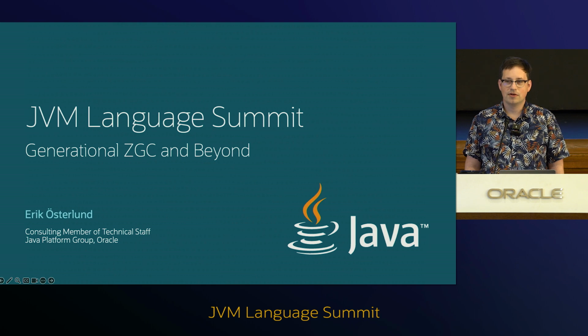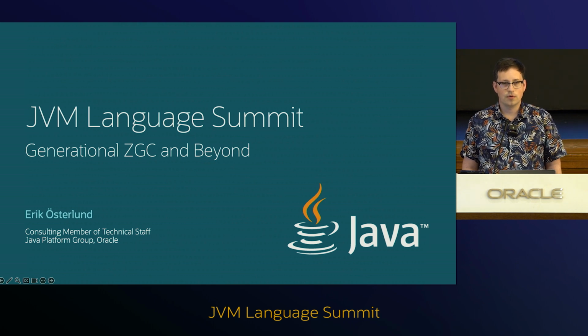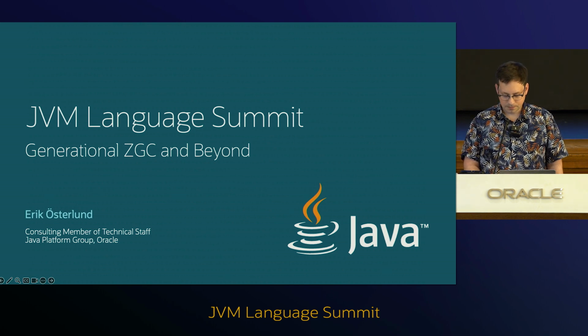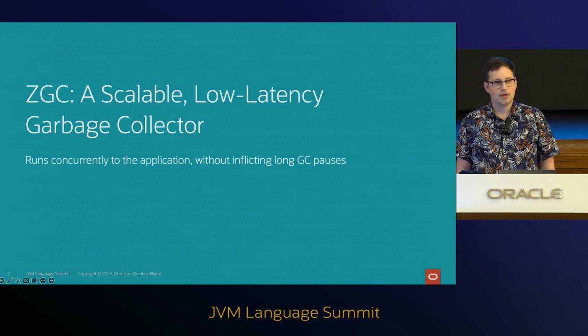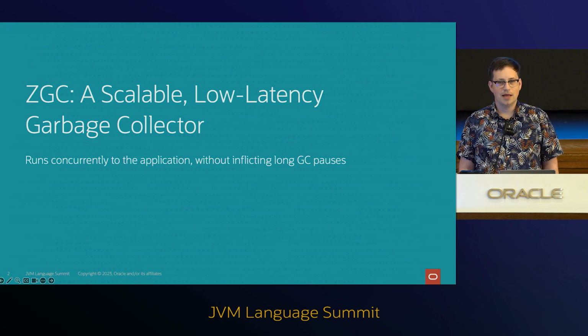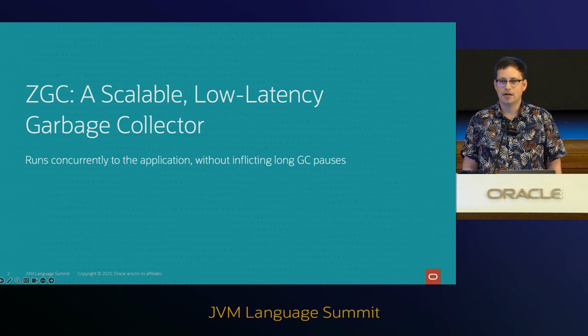So I'm going to talk about generational ZGC, and then I'm going to talk a little bit about what's coming next as well. So ZGC is a low latency garbage collector, and the main thing is that it's running concurrent to the application and without inflicting any long GC pauses.